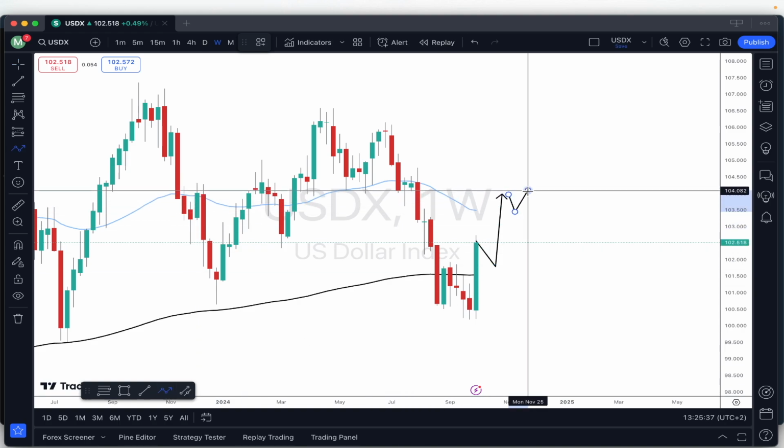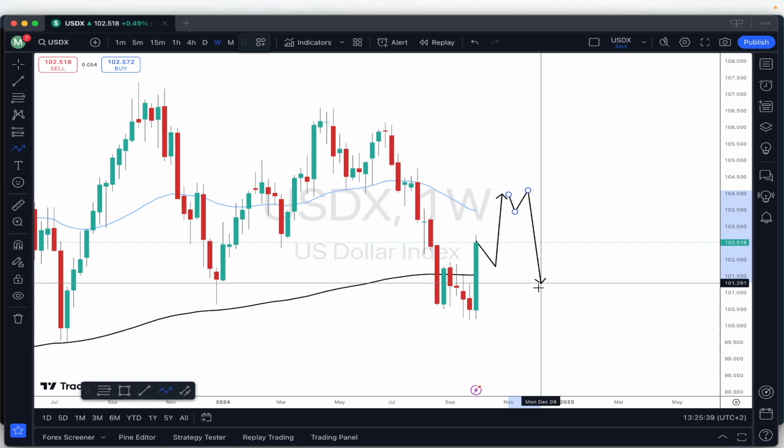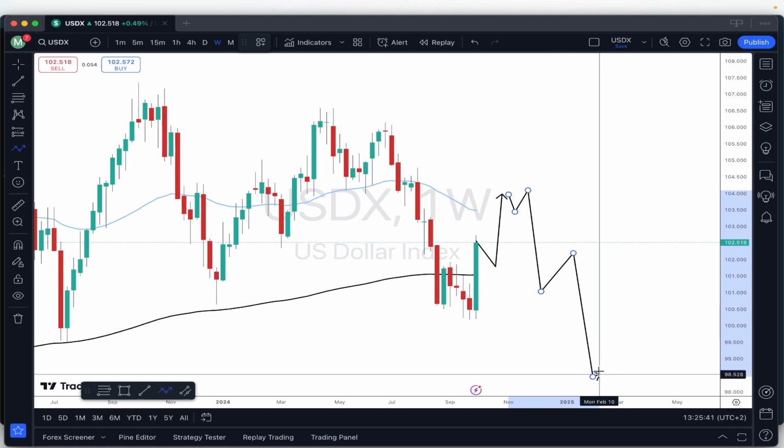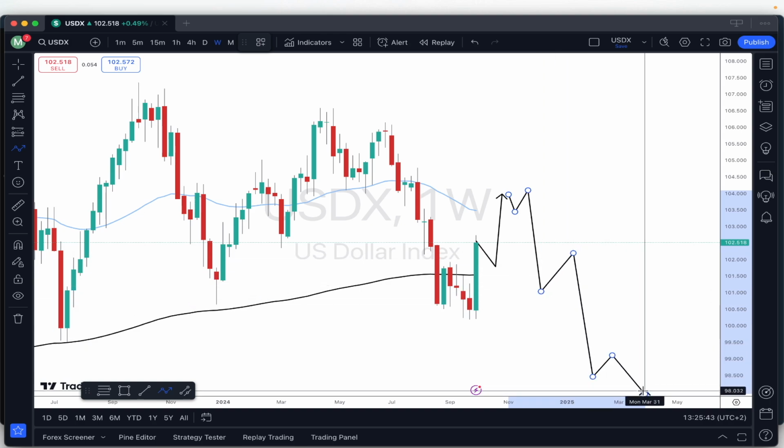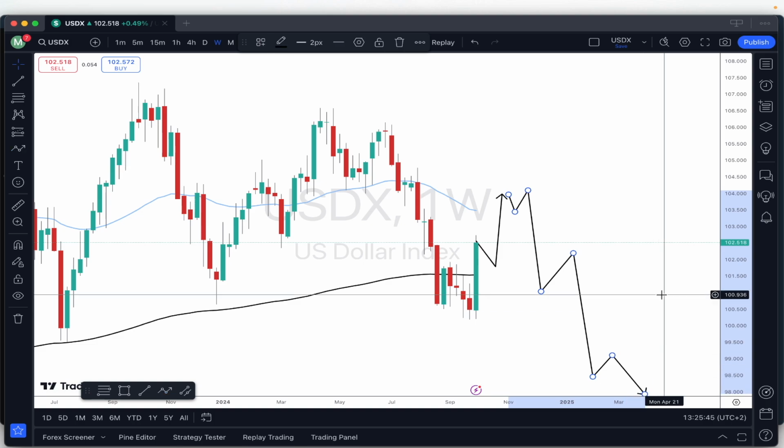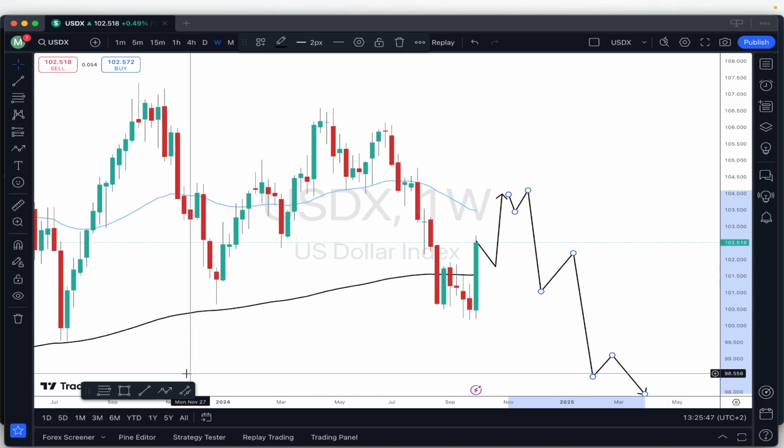So then we expect to see a peak formation and a drop all the way down and break last year's low. So this is exactly what we're expecting from the dollar index.